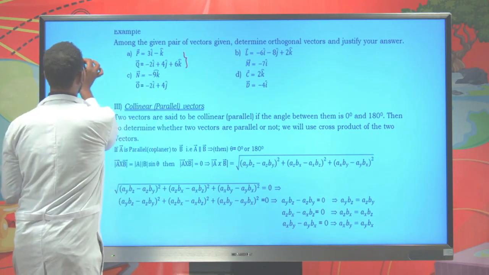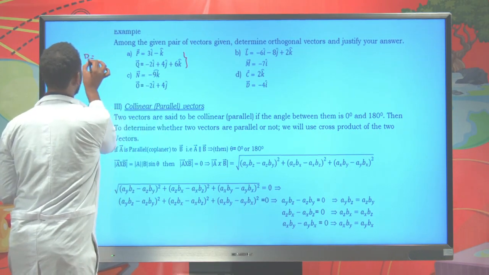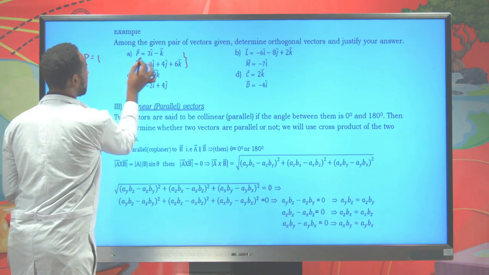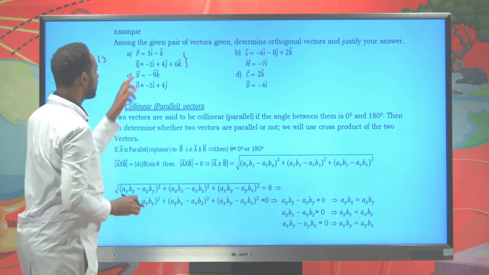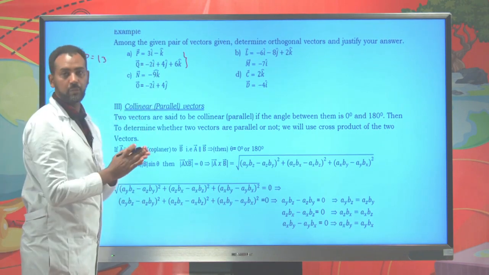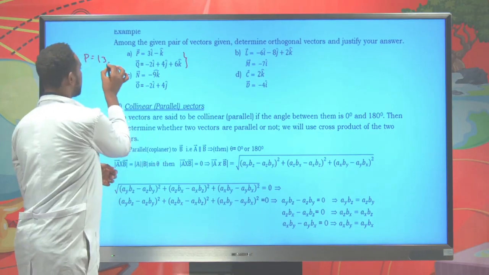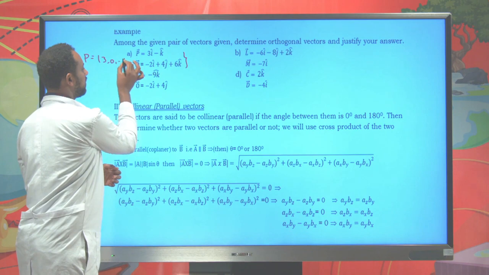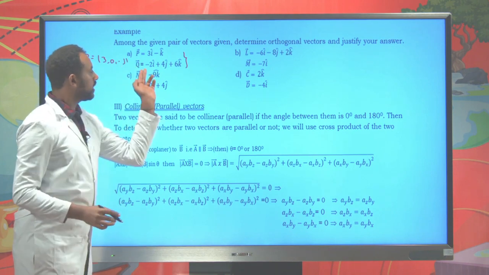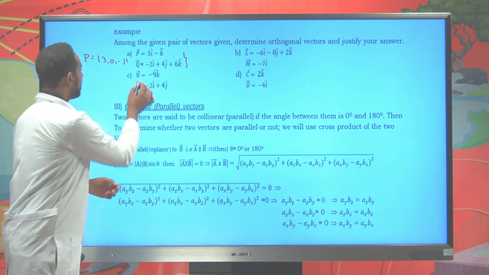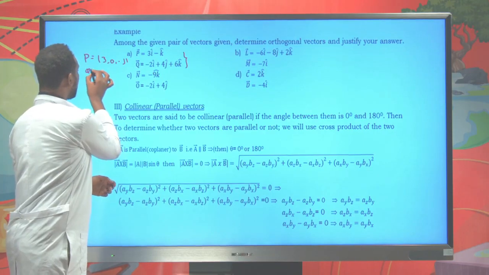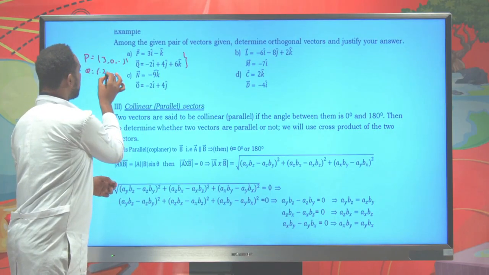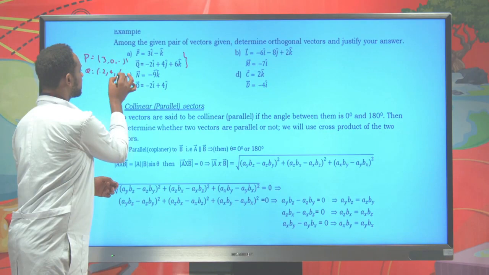What are the components of vector P? Well, the components of vector P are: we have the I component, 3. We don't have a J component or Y component, therefore it is 0. And the component of Z is -1. And here you have Q. The components of Q are -2, 4, and 6.